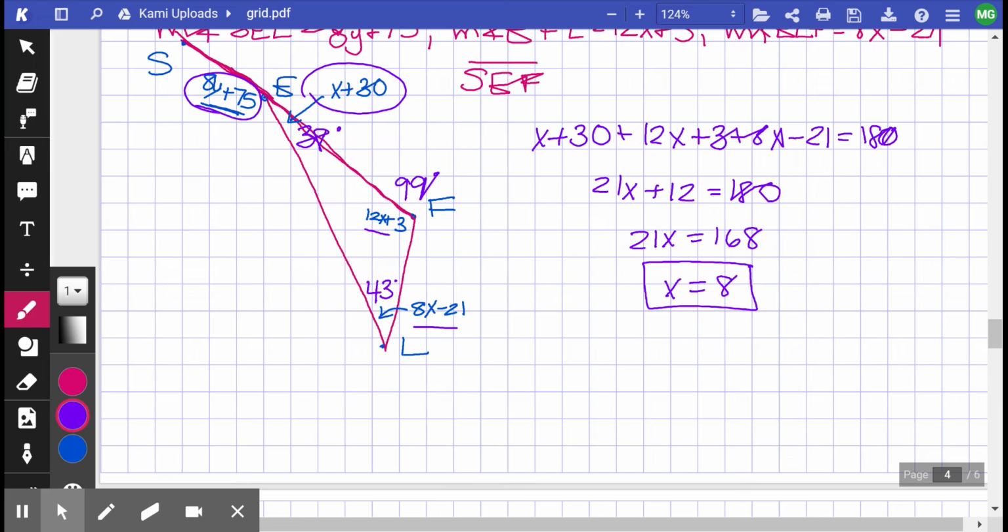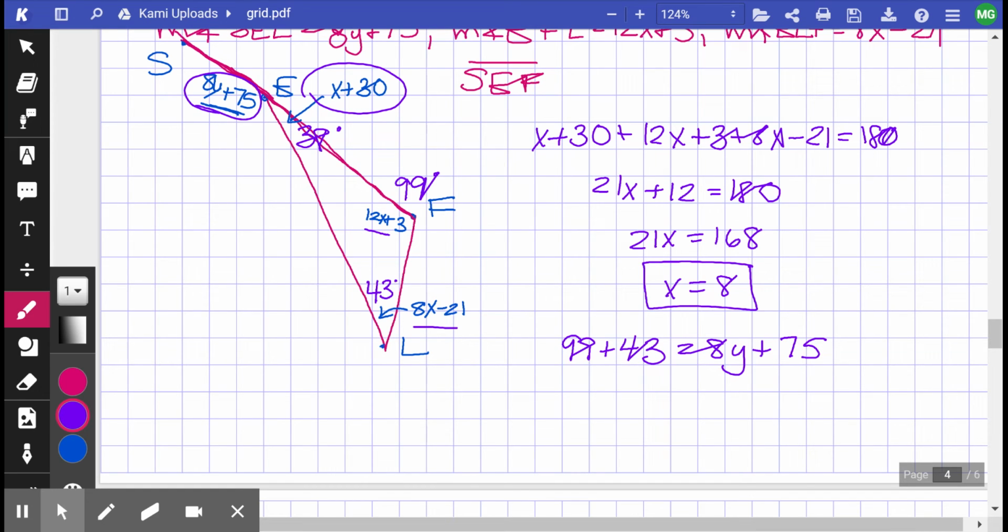Okay, so choose whichever way you're more comfortable with, or maybe choose the way you're not comfortable with, and find y. All right, so since most of you are probably least comfortable with the sum of the remote interior angles, I'll do that way. So you would take 99 plus 43 and set that equal to 8y plus 75.